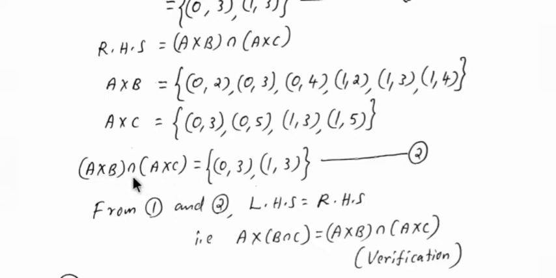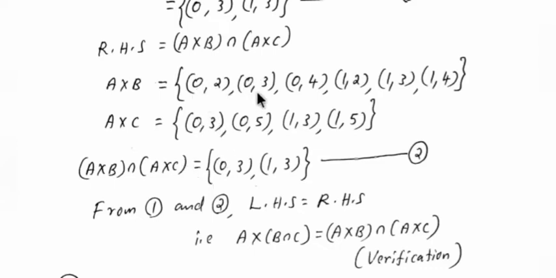Here intersection means we know that take common elements between first one and second one, first set and second set. Here first set is A cross B, second set is A cross C. Take common elements between these two sets. Here 0, 2 cannot be taken.